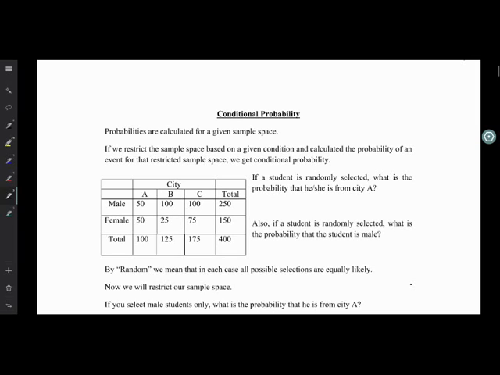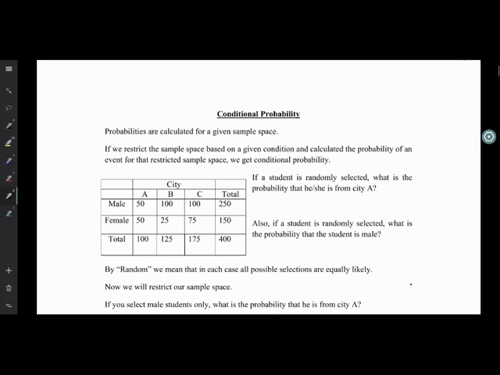I will explain it using a simple example. If we look at this given contingency table, you see two different variables. In the columns, you see three cities A, B, and C. In rows, you see the gender, male and female. This table shows how 400 students are divided according to the city they live in and their gender.